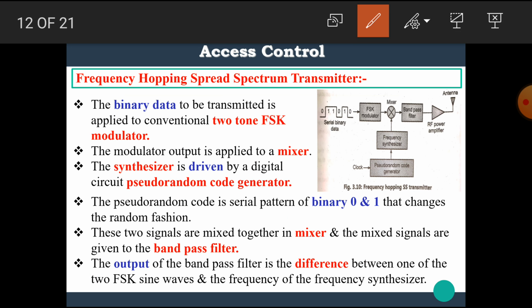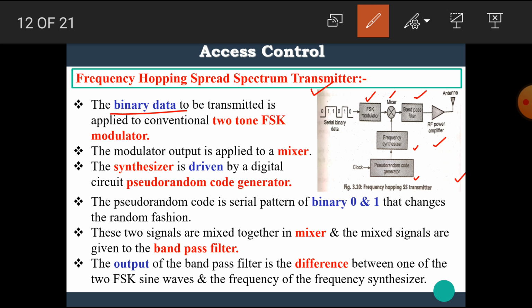Let's see the frequency hopping spread spectrum transmitter. This is the block diagram for the transmitter, in which we can see that there are a number of blocks such as FSK modulator, mixer, frequency synthesizer, pseudo random code generator, band pass filter, and RF power amplifier. Let's see the details about them one by one.